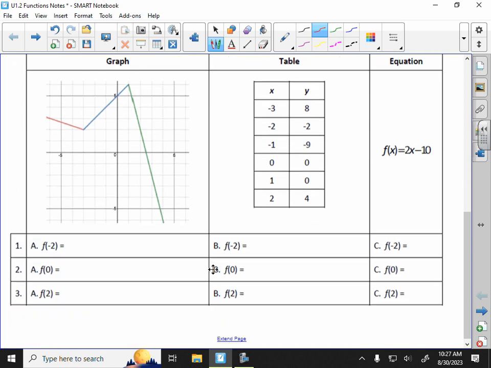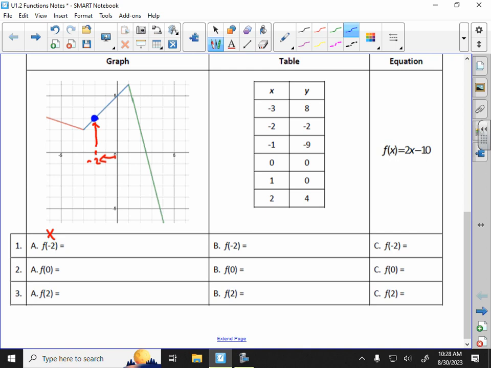So if we go to our graph, we want to find out what is f of -2. So what we're going to do is go to -2 on the x-axis. Okay, so you just have to go to the left. And then, so here's -2 right here. And so we're trying to find the point that uses -2 for x. And so what we're going to do is, if you draw out like a vertical line, you'll find out where the intersection point is.